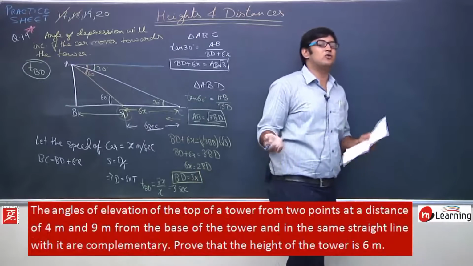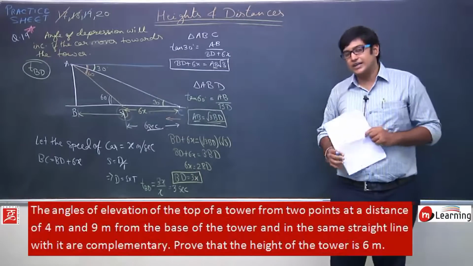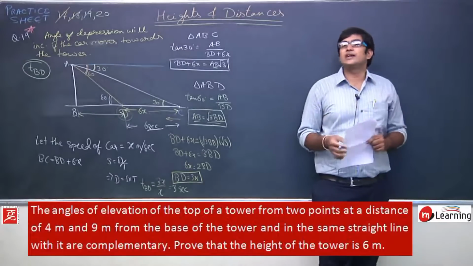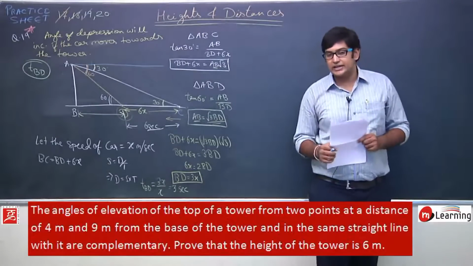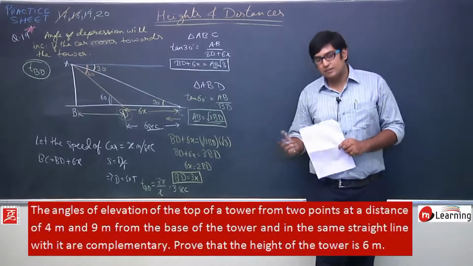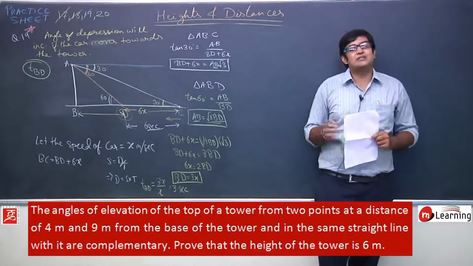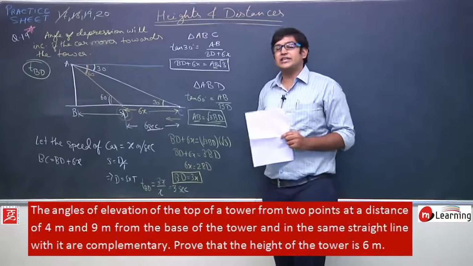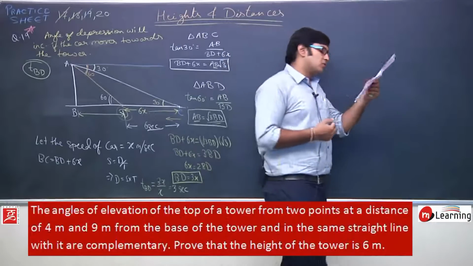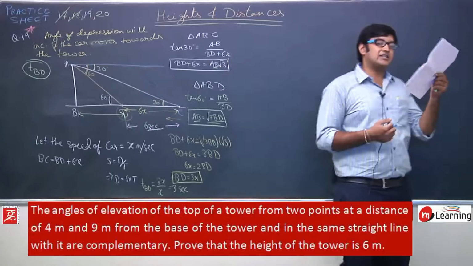Complementary means the sum of two angles is equal to 90 degree. Okay. What are supplementary? Supplementary means sum of two angles is equal to 180 degree. Okay. If the sum of two angles is 180, I will say they are supplementary. If the sum of two angles is equal to 90 degree, then I will say they are complementary. So it says prove that the height of the tower is 6 meters.